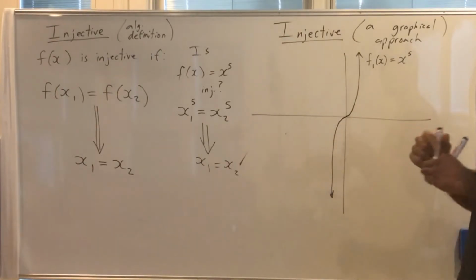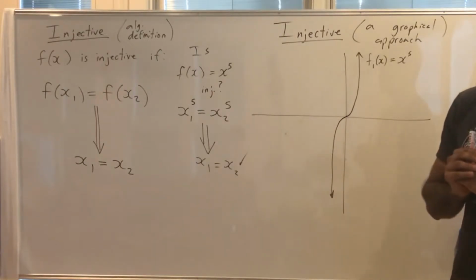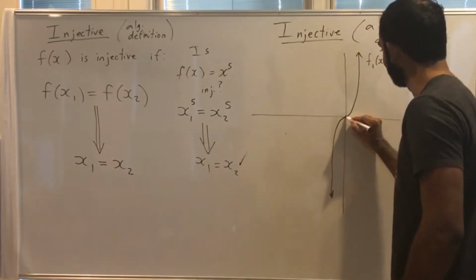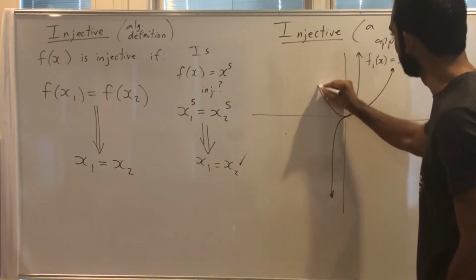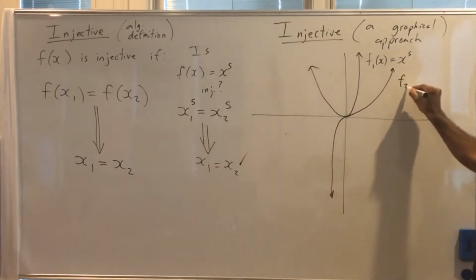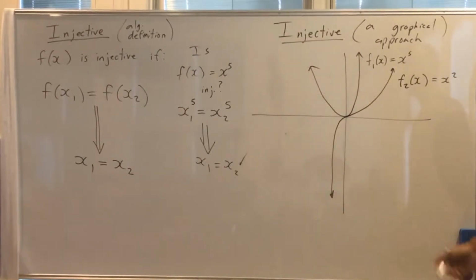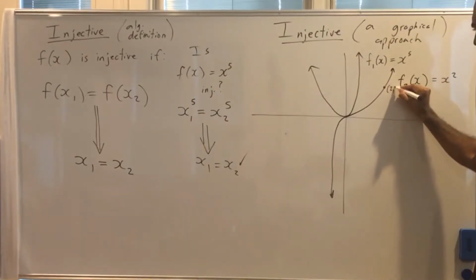So for example, someone give me a graph that's not 1 to 1, a classic graph that is not injective. Y equals x squared. All right, y equals x squared. This nice upward shaping U. And I'll say this is our second function. So, say this point is 2, 4.